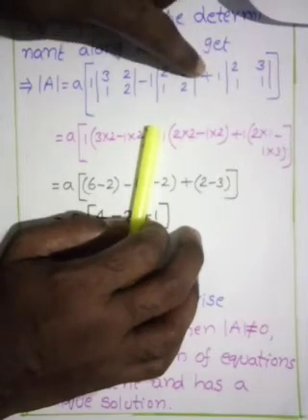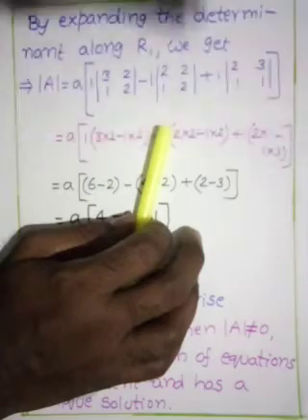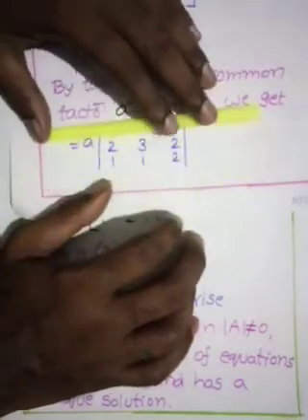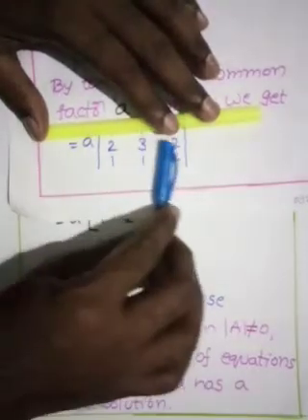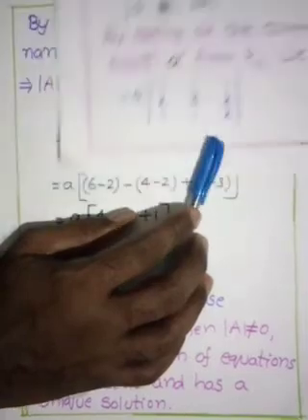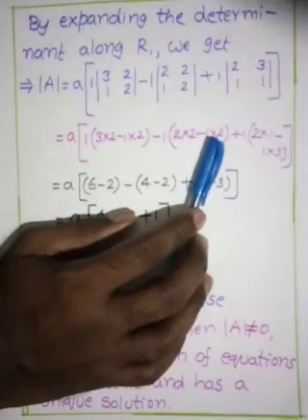Okay, my children. The next sign is plus. We write the third element in the first row, 1, as it is. Now we close the first row and third column. What do we get here? 2, 3, 1, 1. We have to find its determinant. Understood this step, my dear children? Right.